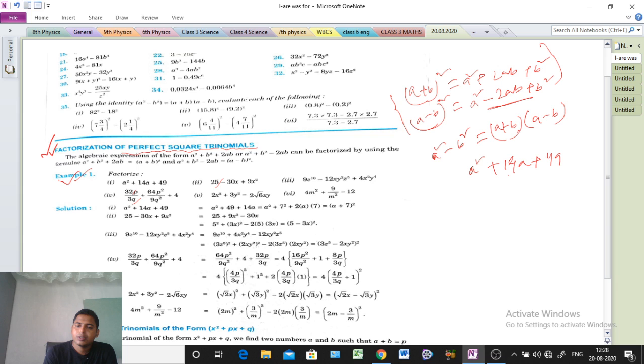At first, all signs are positive, that means a positive sign will come. We know the a plus b whole square formula is a square plus 2ab plus b square, so we will apply this formula.